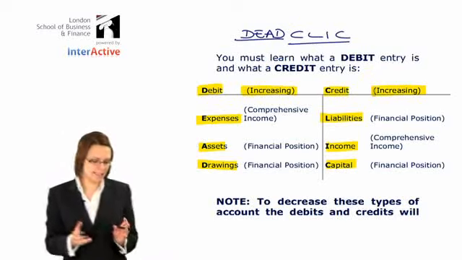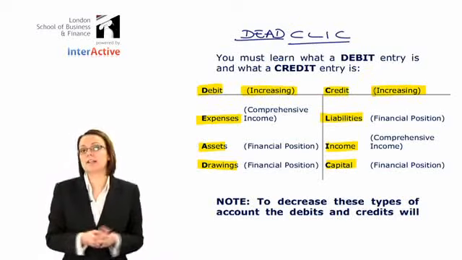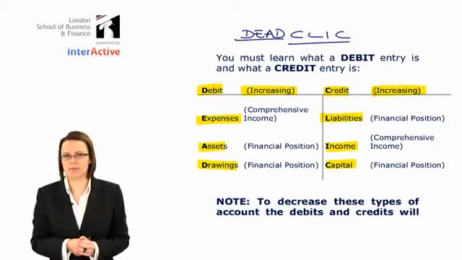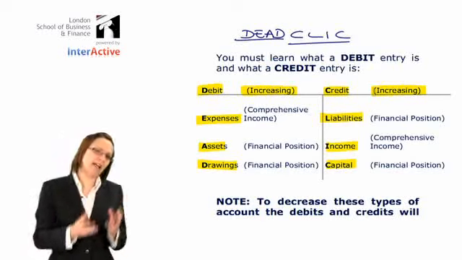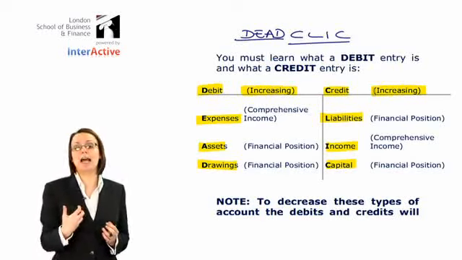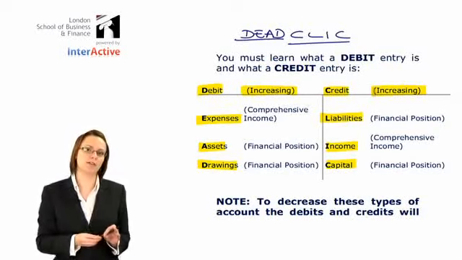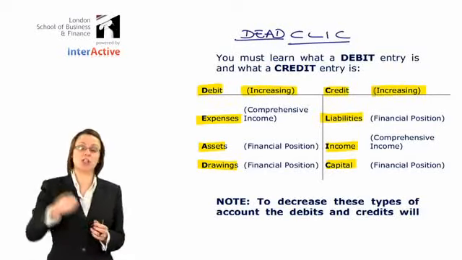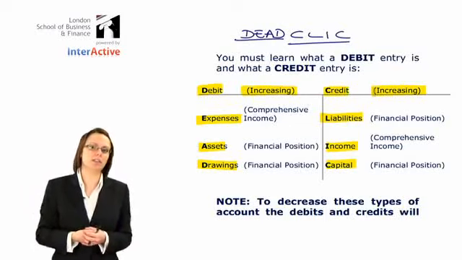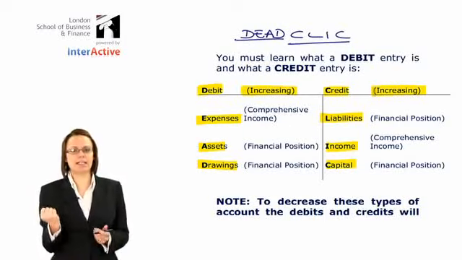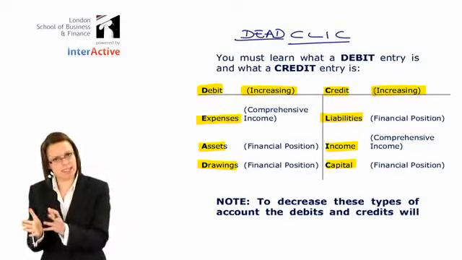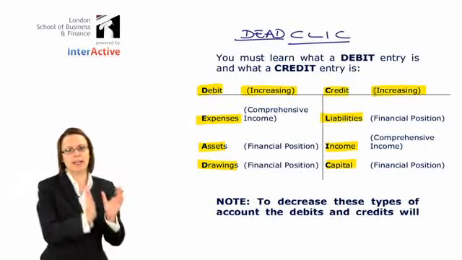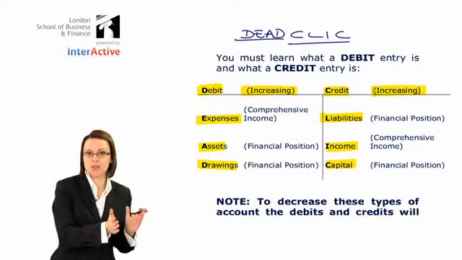Now, you can see that that's how we increase the accounts. Well, what about if we decrease them? If you are increasing, let's say, an asset of cash, then that would be a debit entry. But if you're decreasing your asset of cash, let's say to purchase a building, a decrease in an asset would appear on the opposite side of the ledger account, the credit side. So an increase on an asset is a debit entry.